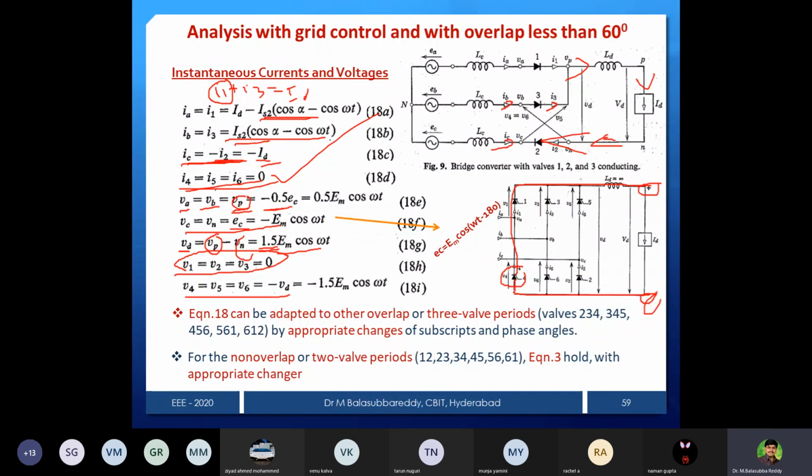Vn minus Vp, which is nothing but minus Vd, since Vd is Vp minus Vn. So V4 is minus Vd.